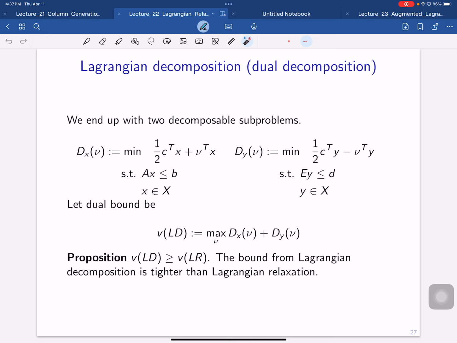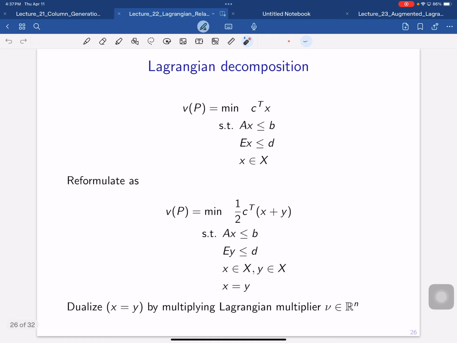So recall that the difference between the Lagrangian decomposition and the Lagrangian relaxation is the following. In the Lagrangian relaxation, we just dualize these constraints, right? Ax less than or equal to b. But in Lagrangian decomposition here, we duplicate the x variable, right? And then we have to create a new set of complicating constraints.